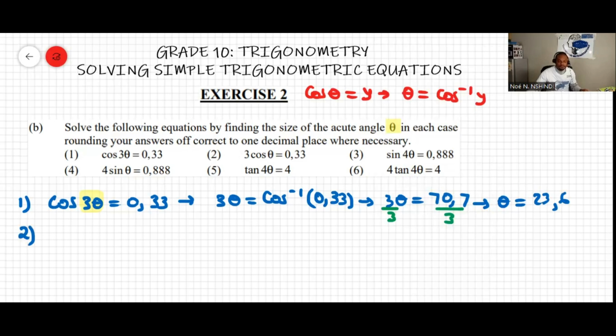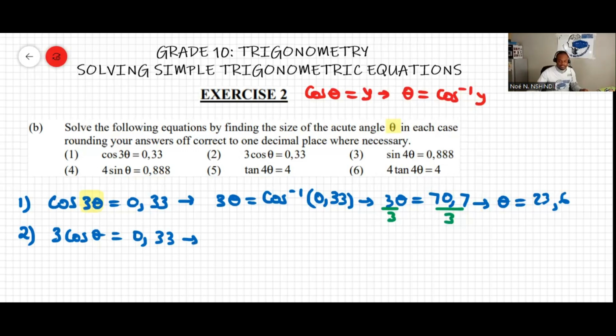Now, question 2 says 3 cos theta equal to 0.33. In the previous case, we had cos of 3 theta, where 3 theta was the angle.